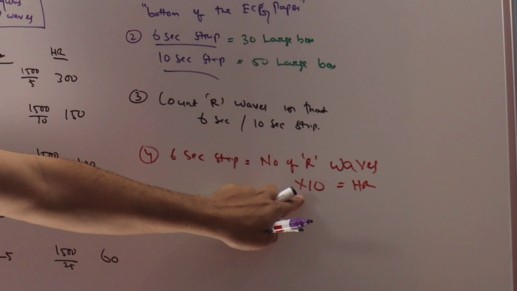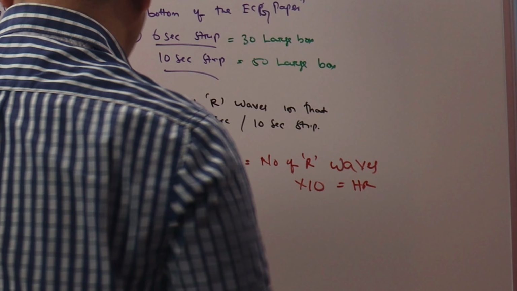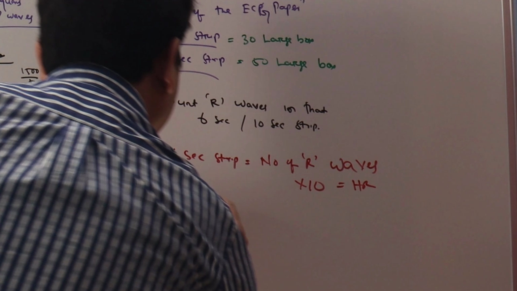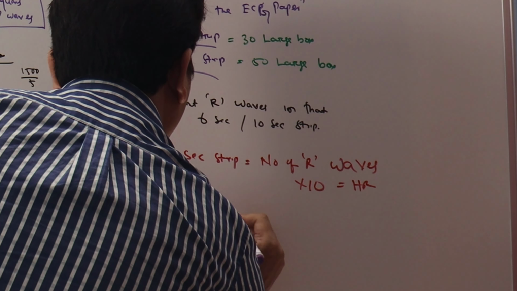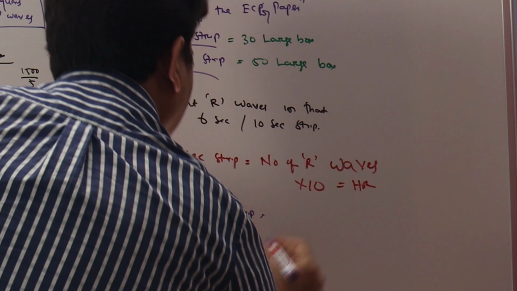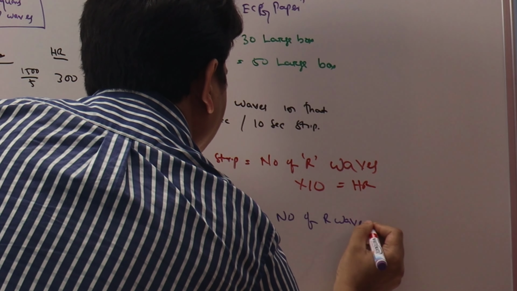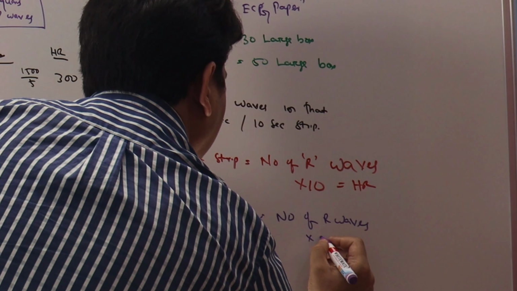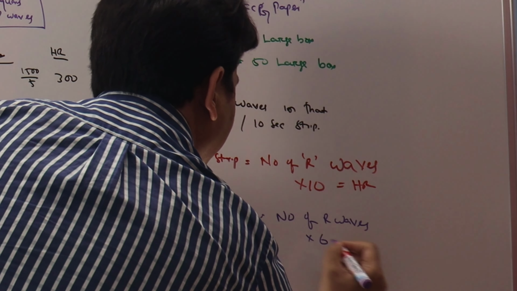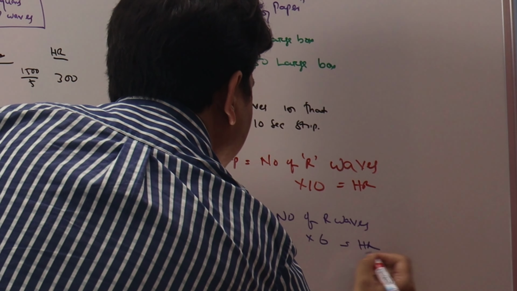Multiplying by 10 gives our heart rate in 60 seconds. However, if it is a 10 second strip, then the number of R waves you have to multiply by 6, and that will be the heart rate in 60 seconds.